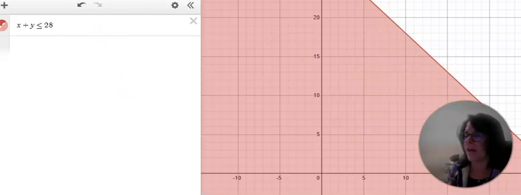Because this is an equal sign, all points on the line are solutions as well. So this point, (10, 18), is also a solution. If X is 10 and Y is 18, we are equal to 28 when we add them together. You can see how every combination of X, Y that is in this shaded area will work in this inequality.